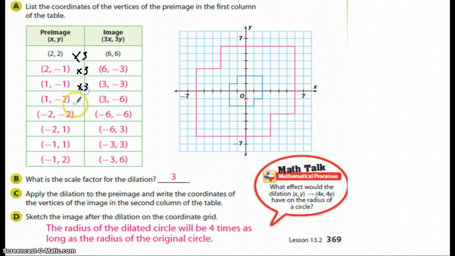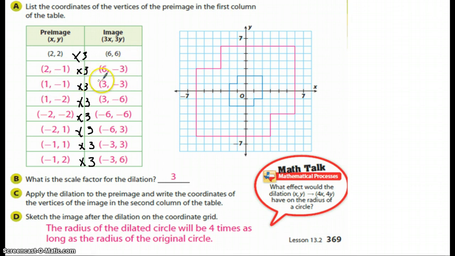So 3 times 2 is 6, and 3 times a -1 is a -3. That gives me my second image vertex.